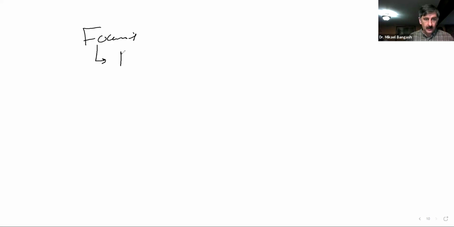One is going to be what we will call fixed focusing. The other one we will call, later on, array.